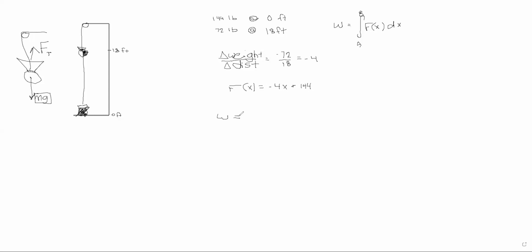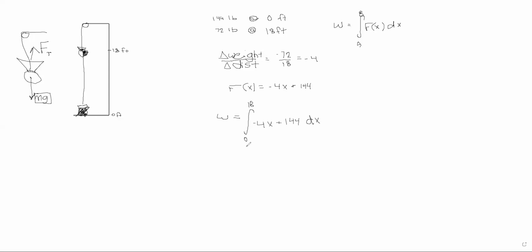So work is going to be defined as the definite integral. We're going from 0 feet to 18 feet of -4x plus 144. This is our force equation. And then from here, it's pretty simple.